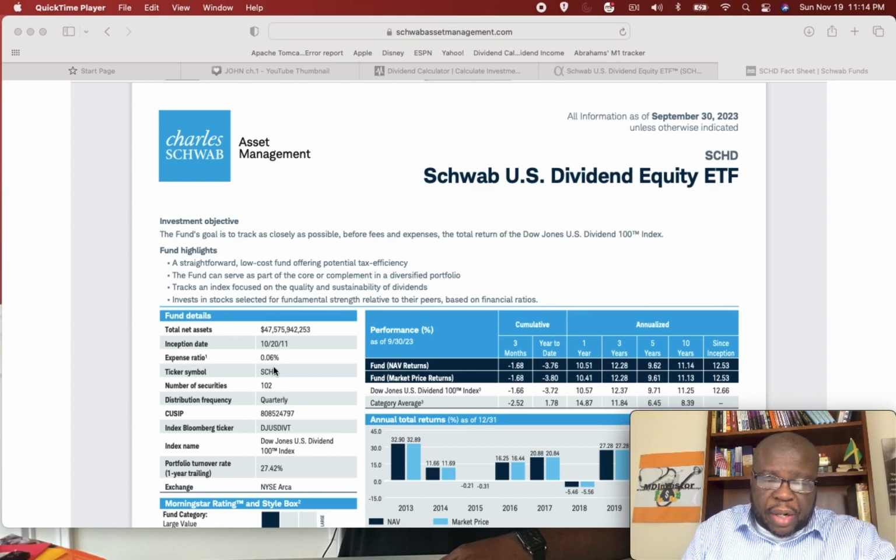So that's going to be about $6 for every $10,000 invested. There's about 100 holdings in there. It pays quarterly distribution. Now let's look at a few other metrics of the SCHD.